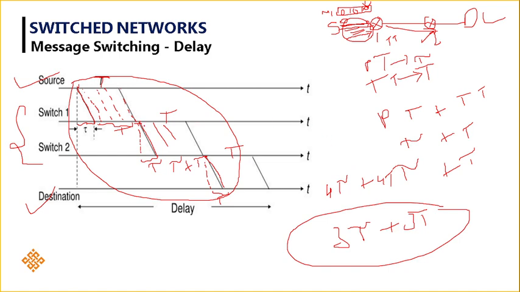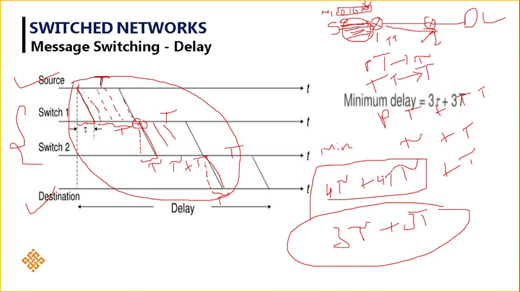You may ask me one question: sir, here some time is wasted in the delay. Yes, that's why this is not the total delay, this is the minimum delay. Some other time is taken for processing time and queuing time, but that is very small, so we are neglecting it.